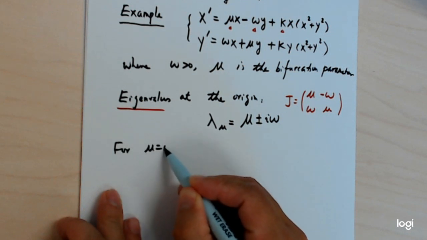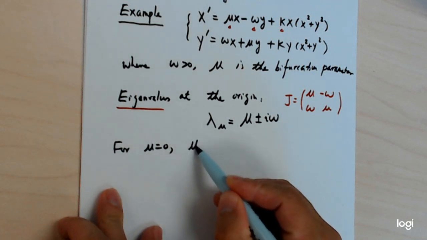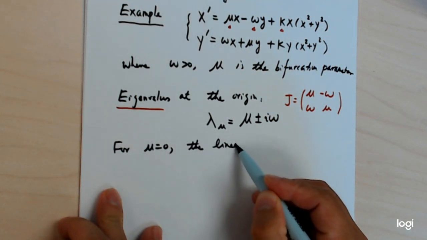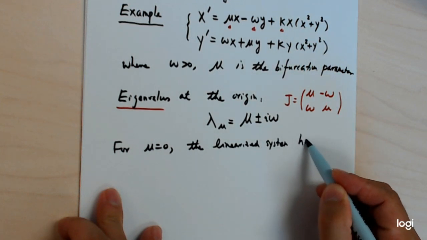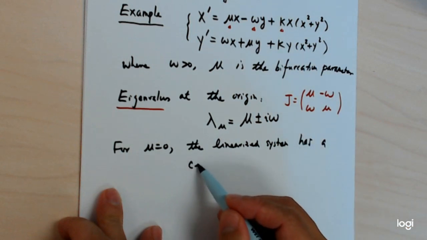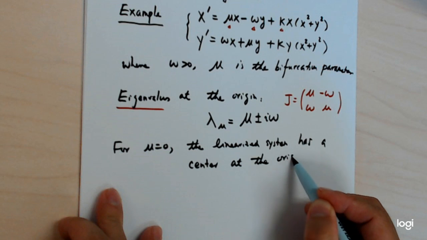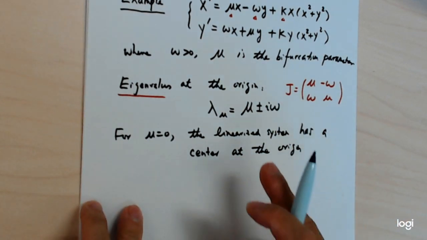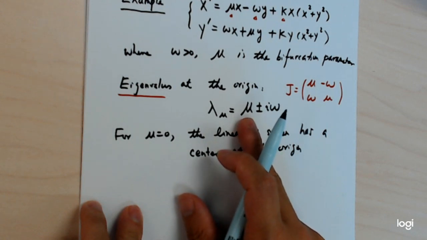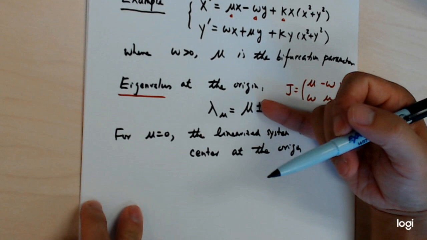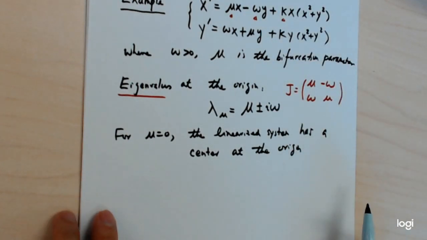If mu is zero, essentially we have a center in the linearized system at the origin. Like I said, the whole system depends on mu. The mu is our bifurcation parameter. We want to find out what happens if I change mu.